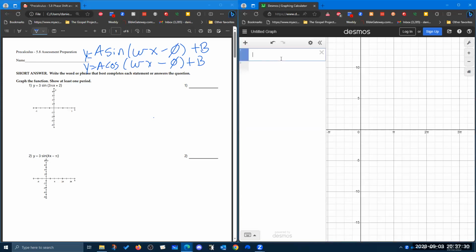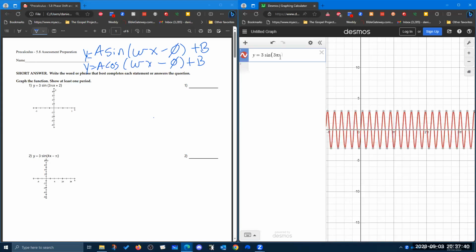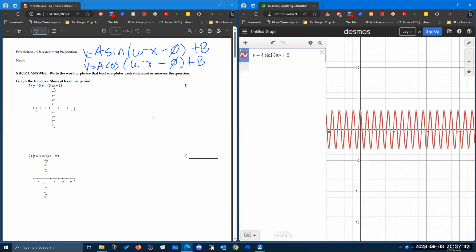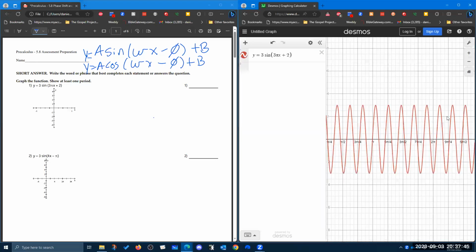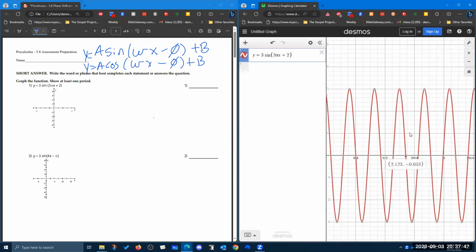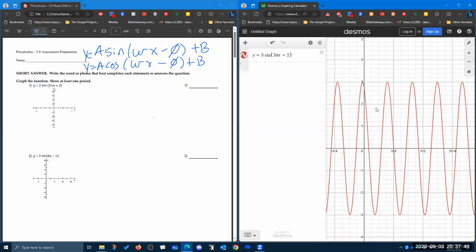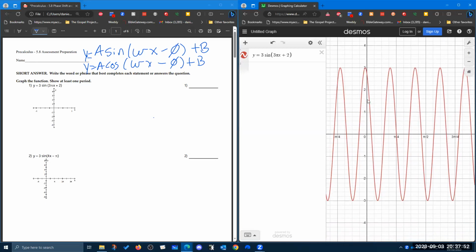It says to graph at least one period of y equals 3 sine of 3 pi x plus 2. I'm going to show you that one full period is going to be a 0 to a minimum, to another 0 to a maximum, and back to the 0 again.